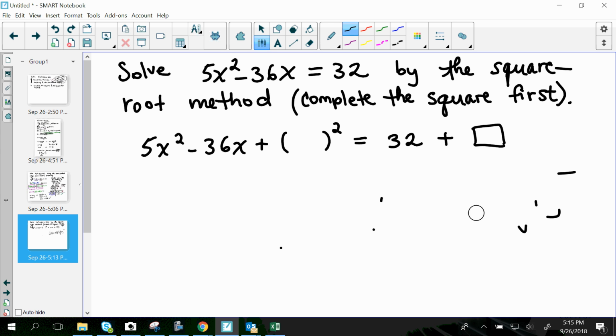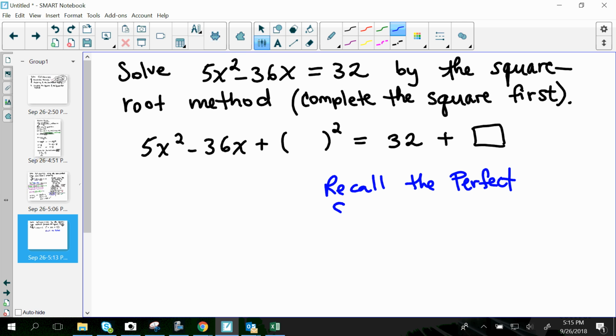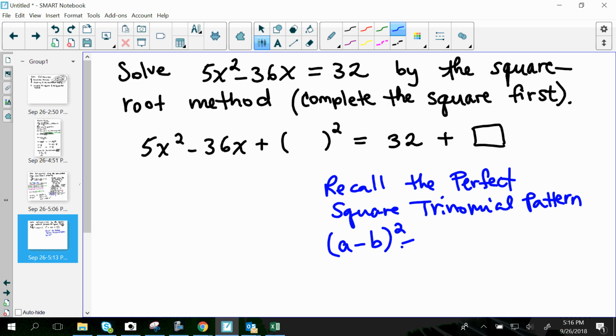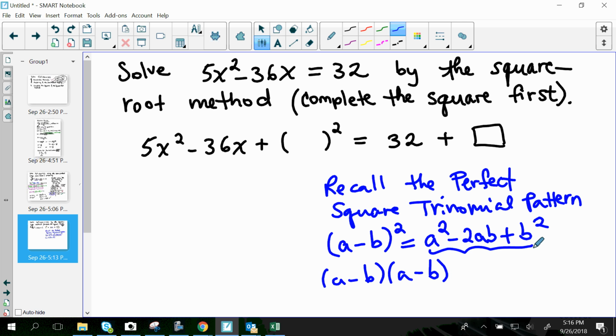So I'm just going to do a little reminder. Recall that the perfect square trinomial pattern is that if you have a minus b quantity squared, it will come out to be a squared minus 2ab plus b squared, and you can verify that by foiling this, and you will end up with that.